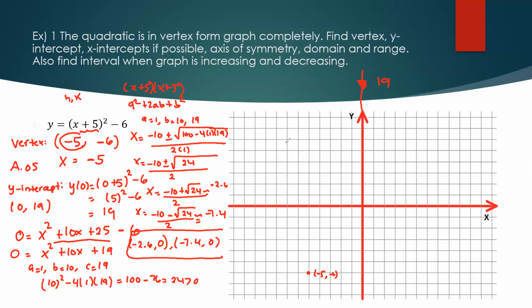Okay, and then let's plot our two x-intercepts. One of mine is negative 2.6. Here's negative 2. Negative 2.6 would be right about here. Negative 7.4 is 1, 2, 3, 4, 5, 6, 7. Here's negative 7. So negative 7.4 would be right about here. Connect the dots.